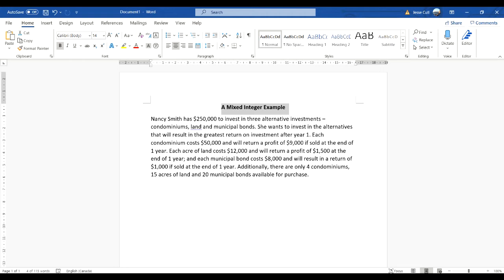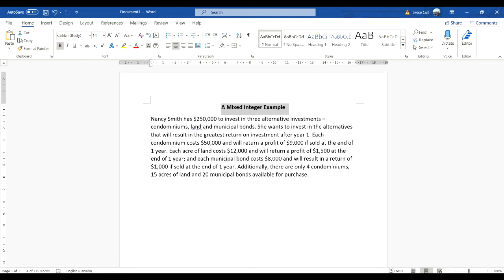So if we look at the base numbers, we see condominiums are $50,000 and they generate $9,000 in profit. Comparing that to the other 2, acres of land are $12,000 and return a profit of $1,500. If we multiply 12 by 4, it's almost $50,000. And if we multiply 1,500 by 4, it's $6,000. So we see condominium is probably the best choice right now. Let's go one more.